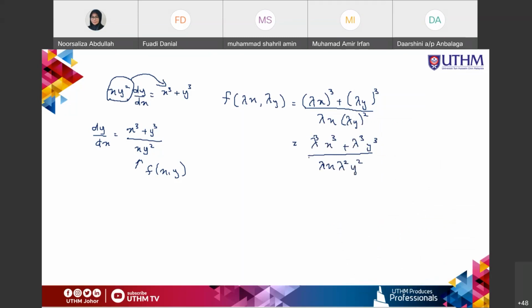So you have lambda power of 3 x power of 3 plus lambda. Ini dengan ini you boleh faktorkan kan? So you faktorkan lambda power of 3, x power of 3 plus y power of 3.